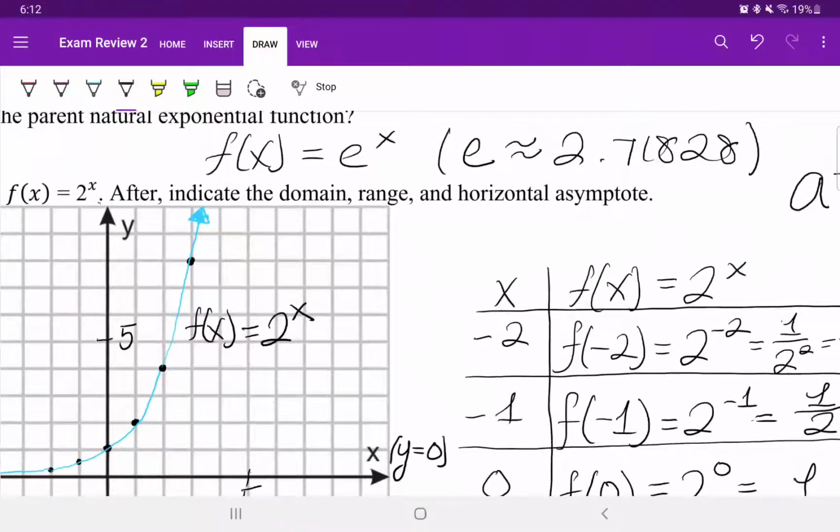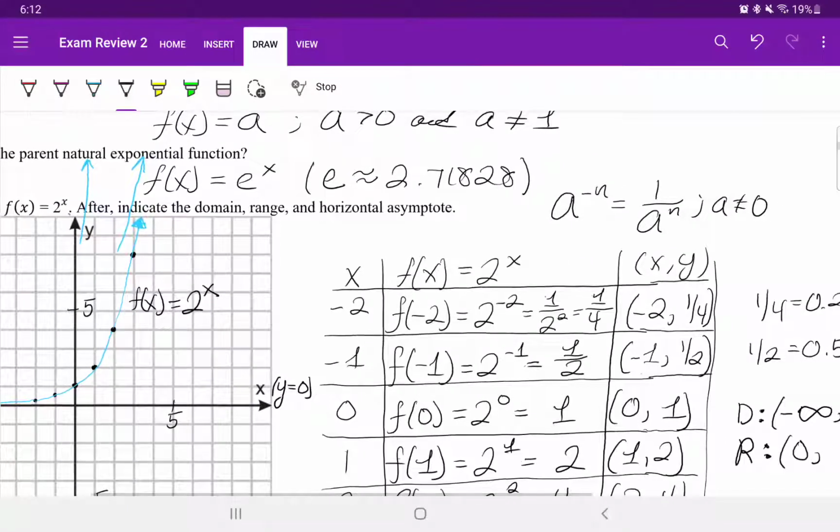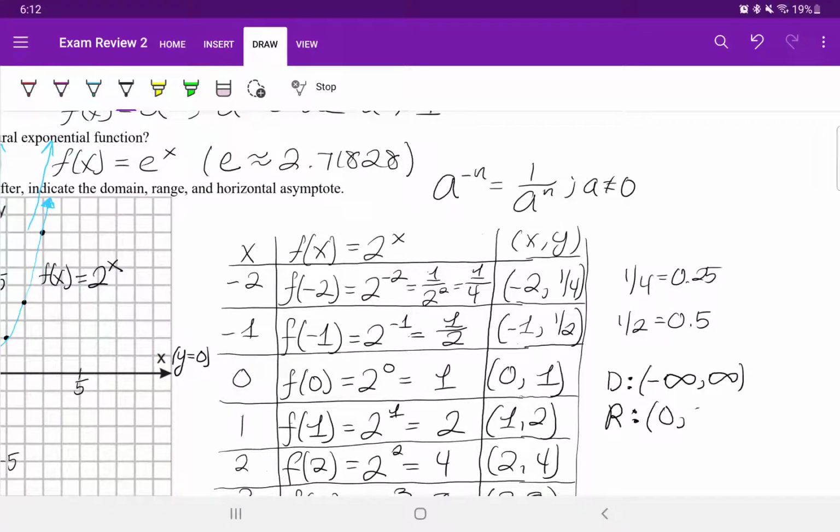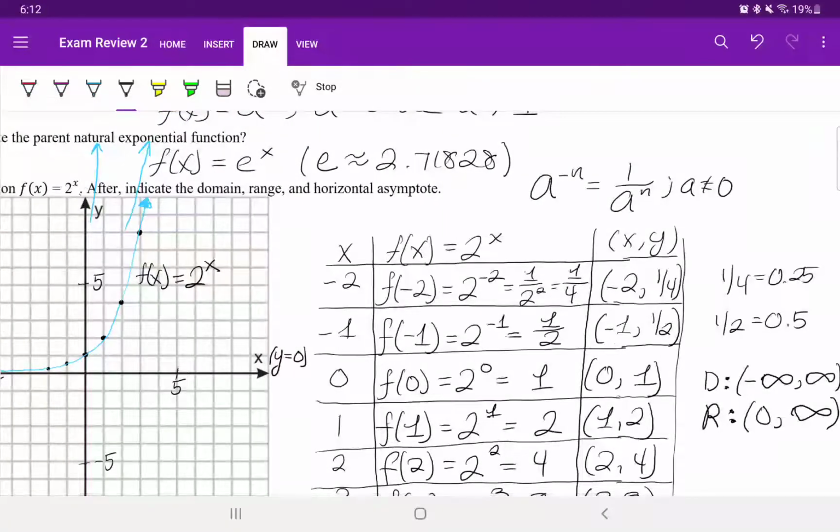Analyzing the right part of the function, this function goes up forever and ever. As it goes up forever, the y values will increase forever, which means y will approach positive infinity. That is the range for this function.